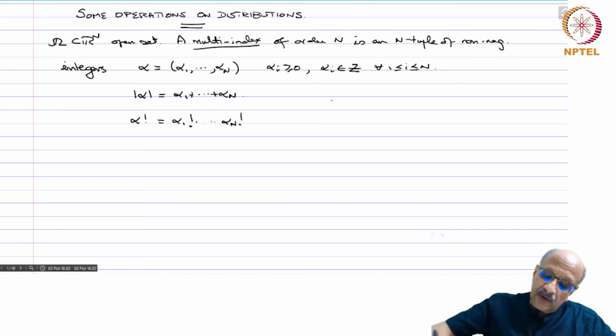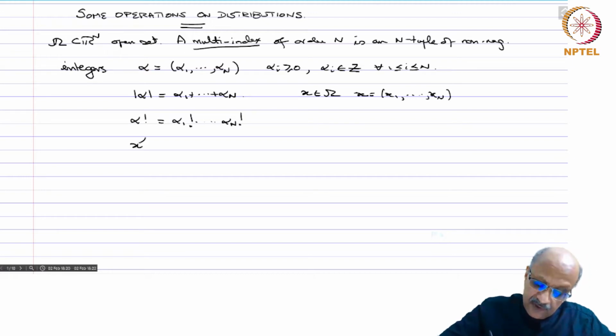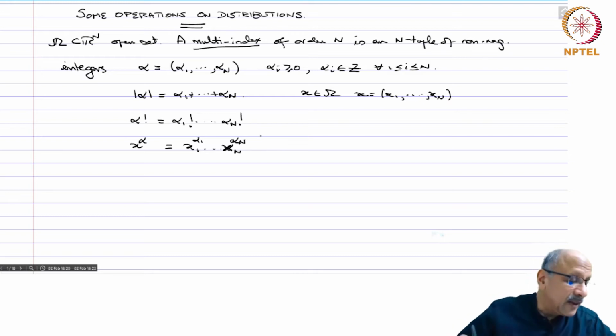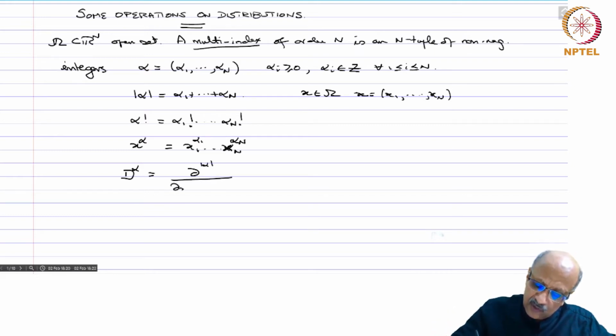If x belongs to omega, x equals (x1, ..., xn), then x to the power alpha is given by x1 to the alpha 1 ... xn to the alpha n. So this is a monomial. Finally, we define D alpha, the partial derivative, equal to d to the mod alpha over dx1 to the alpha 1 ... dxn to the alpha n.